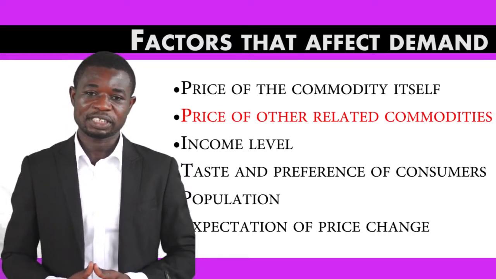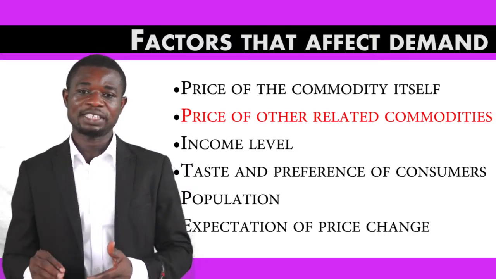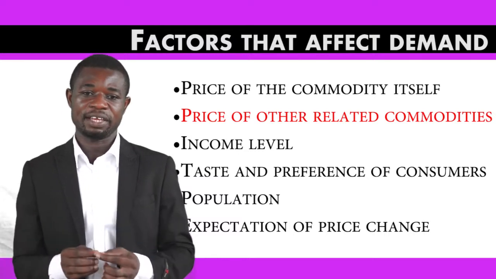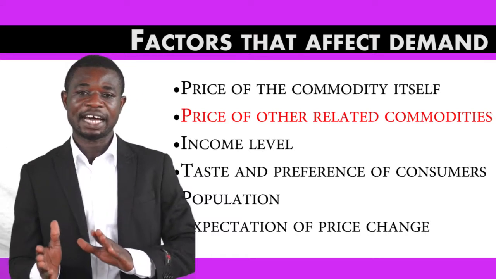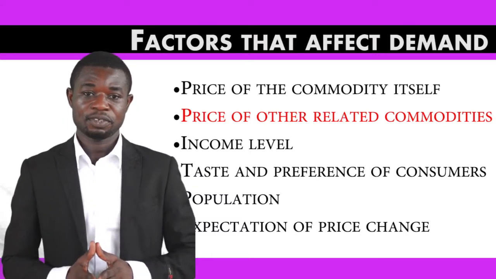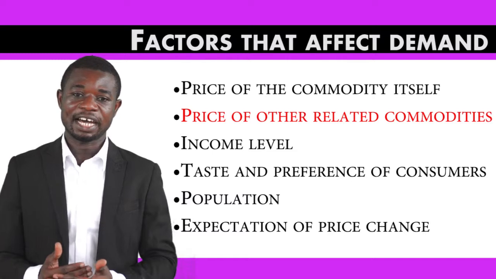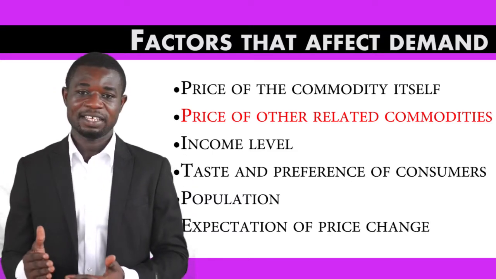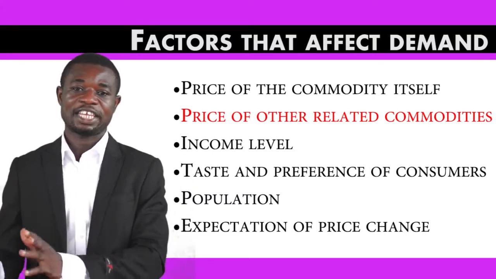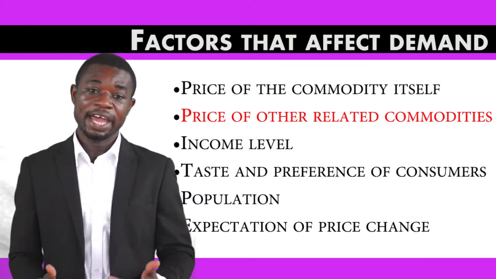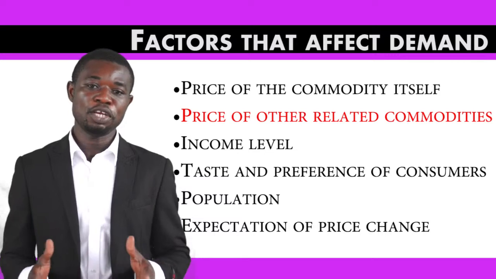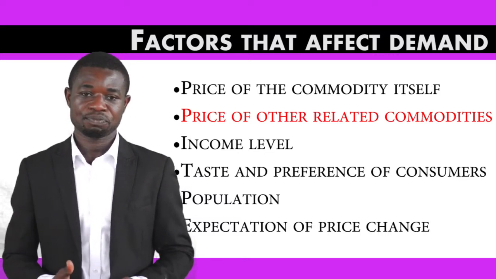It is so because Milo and Bonvita are related in a way. They are substitutes. Meaning, Milo and Bonvita serve the same purpose. So if the price of Bonvita is high, consumers will shift their attention from buying Bonvita and will buy more of the Milo. Hence, the quantity demanded for Milo will increase.